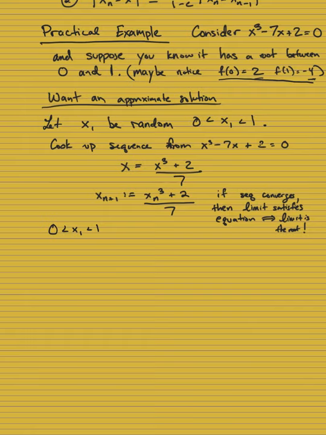But I claim this implies that every term of the sequence is less than 1. I won't do this out. This is an induction proof, similar to one of the problems on your midterm. All you need to assume is that if this number is between 0 and 1, then so is this number, and that's not hard to show.